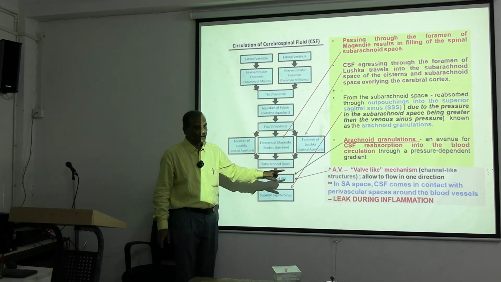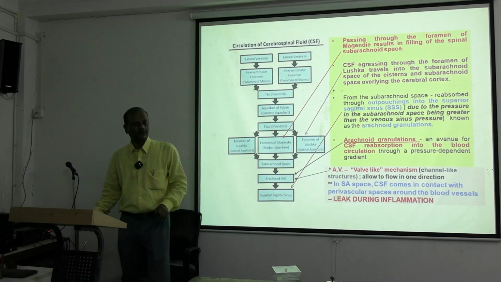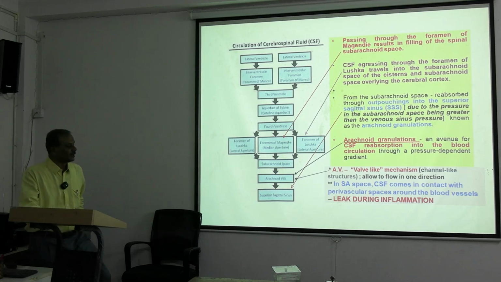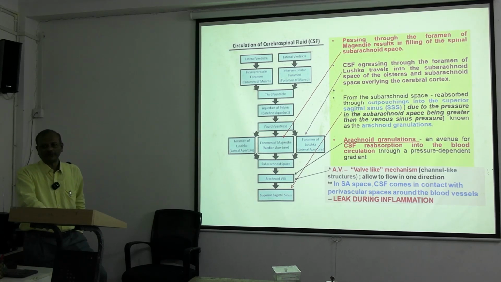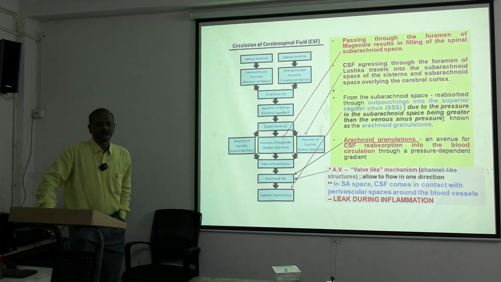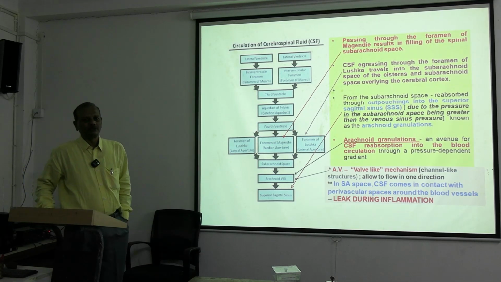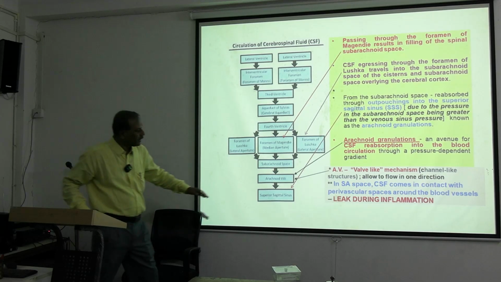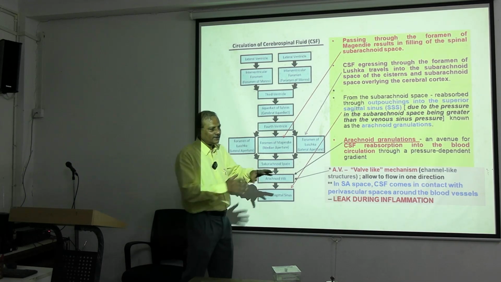Write down: in the subarachnoid space, CSF comes in contact with the perivascular space around blood vessels and leaking occurs here during inflammation. Itis, meningitis, or any itis. Itis means inflammation. So meningitis means inflammation of the meninges. So due to inflammation there is leaking.